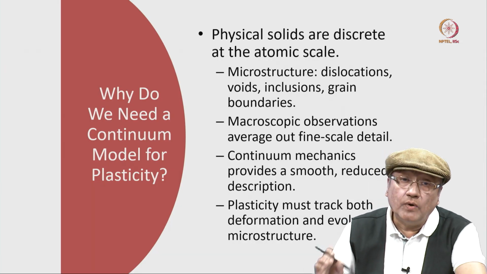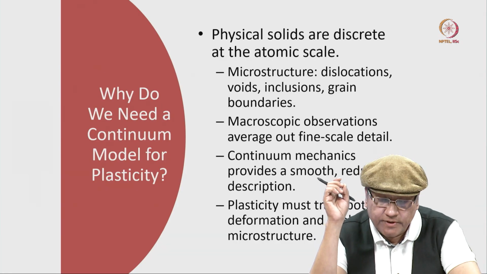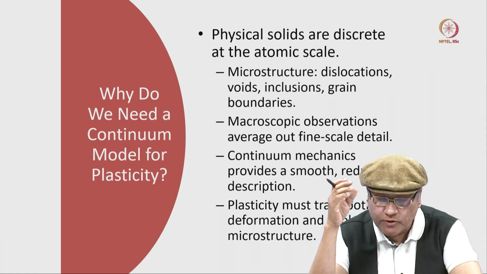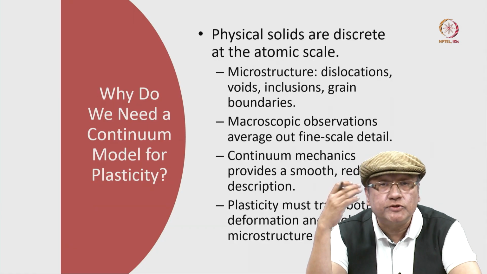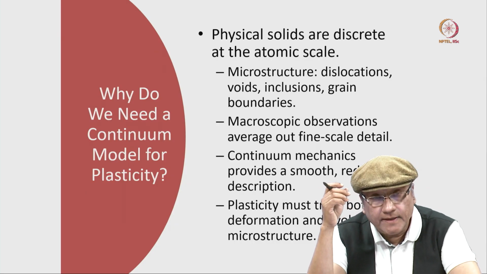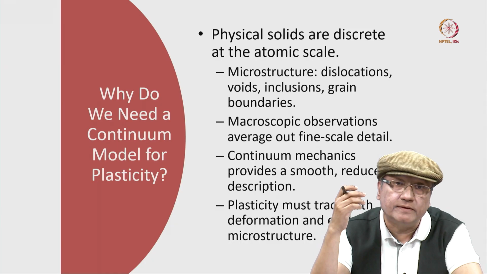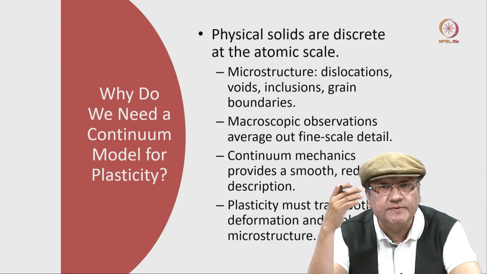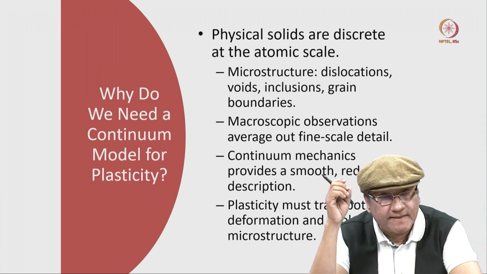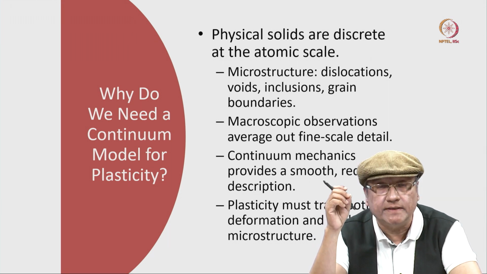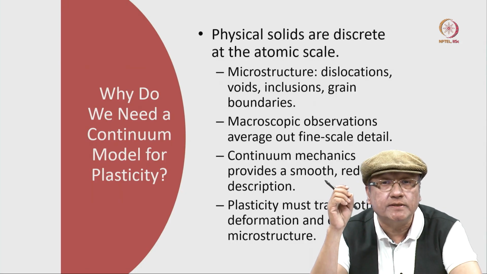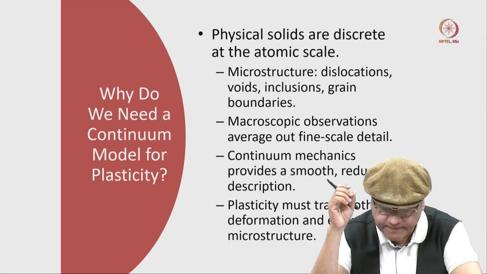So what we need to do is to average out these microscopic things, arrive at appropriate macroscopically describable features or variables that can still capture the experimentally observed plastic response of solids. That's exactly where continuum mechanics comes in. It provides a smooth and drastically dimensionally reduced description for the solid.